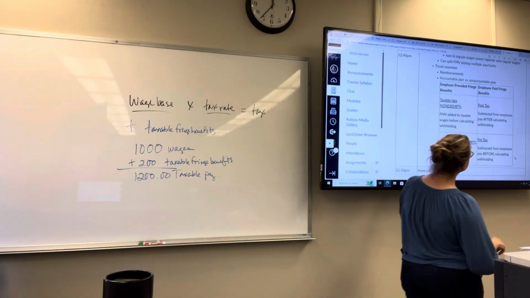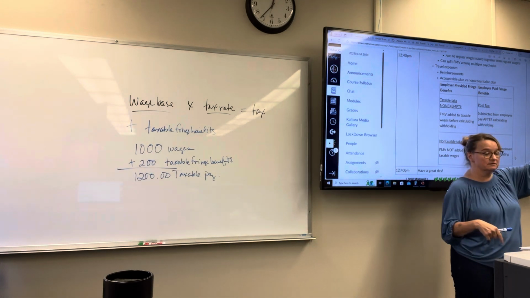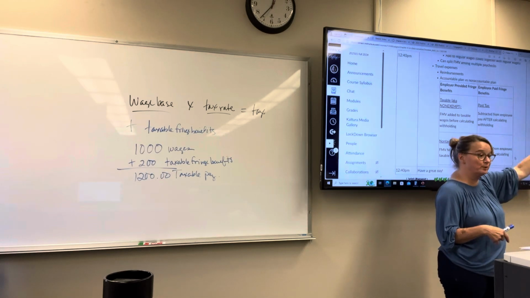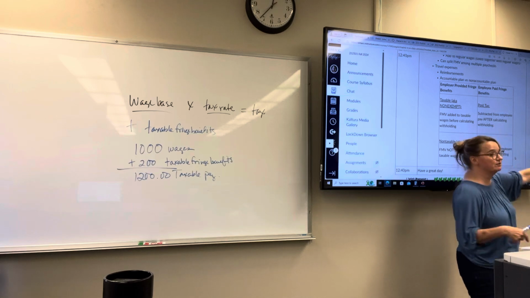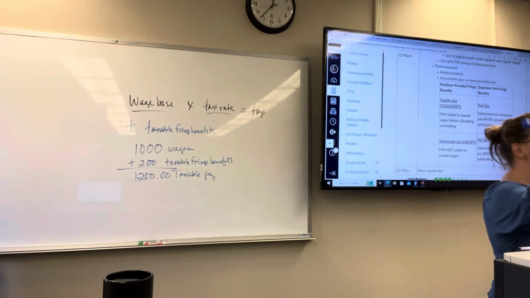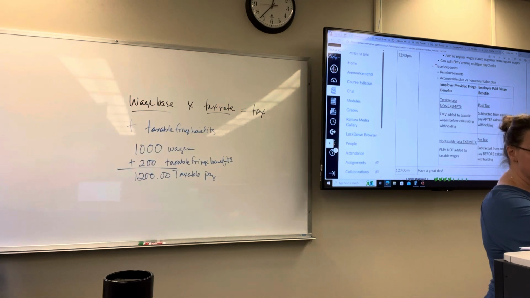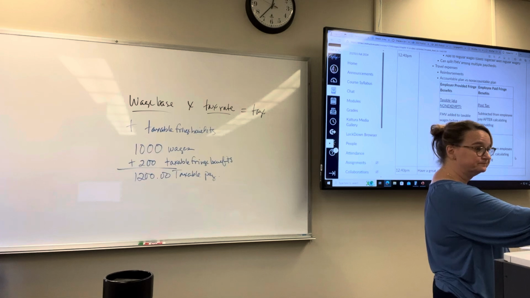If they're post-tax, that means that we subtract the amount of the benefit that the employee is paying after we calculate withholding. So we do all the calculations, how much is our withholding, and then after that, we subtract what has to be paid and withheld by the employee.